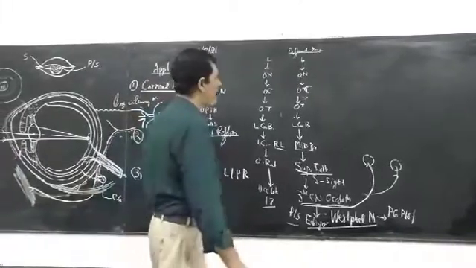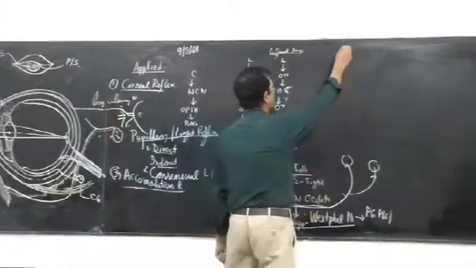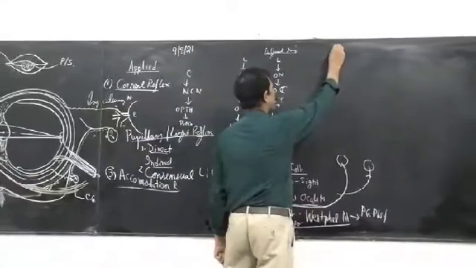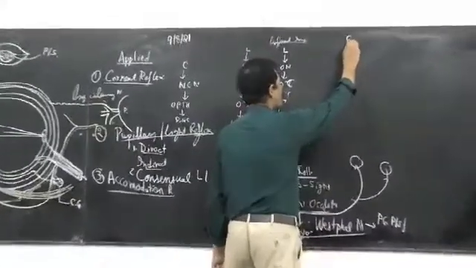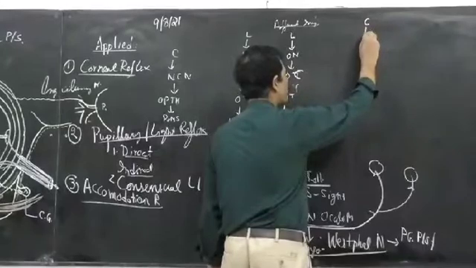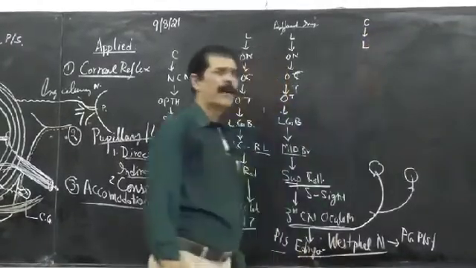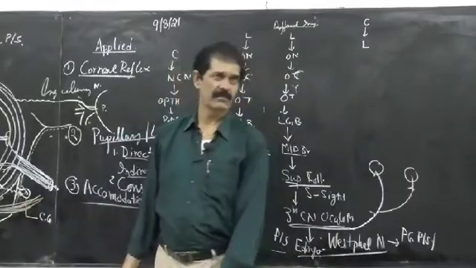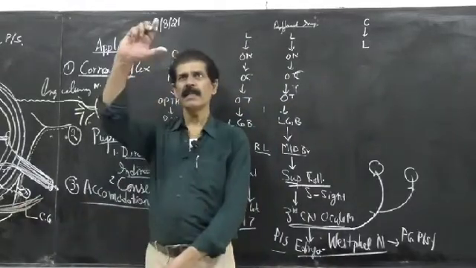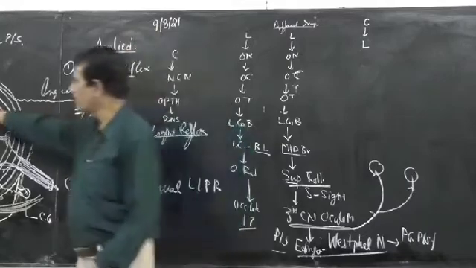During distant vision, what happens? The same, light passes through the cornea. From the cornea it passes to the lens. Now the human lens is biconvex. During distant vision, the lens becomes longer.